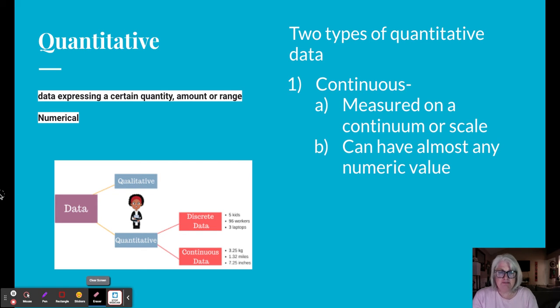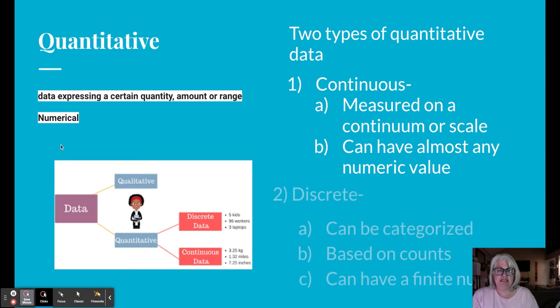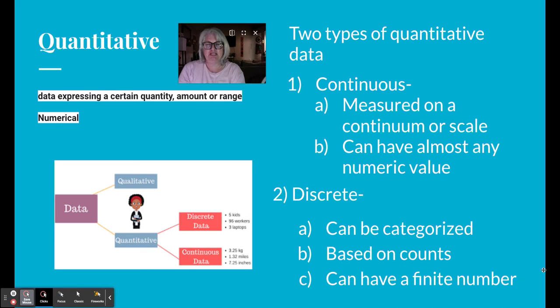The other type of quantitative data that you can collect is called discrete. Discrete is still measured, it is still numerical, but it has breaks in it, meaning it can be categorized. A good example of this might be the number of people who purchased white cars versus blue cars.